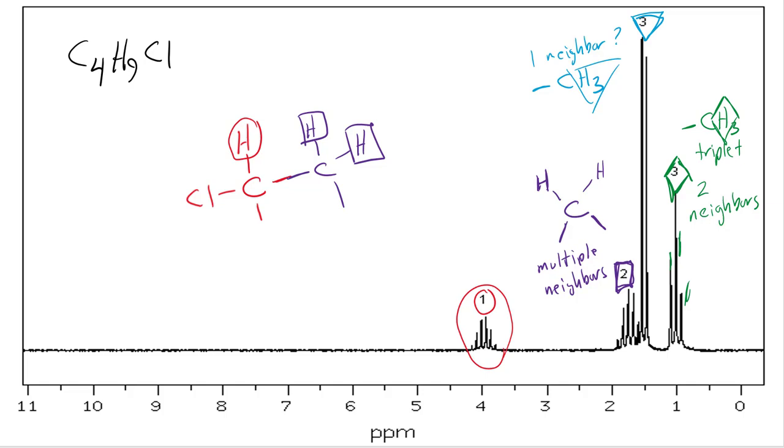And again, since the green diamond methyls are the least deshielded, or the furthest upfield, we would assume they are the furthest from the chlorine, and that the remaining methyl, our blue triangle hydrogens, must be closer to the chlorine.